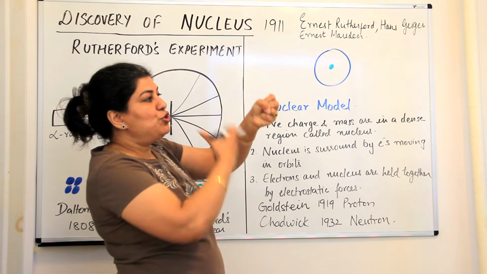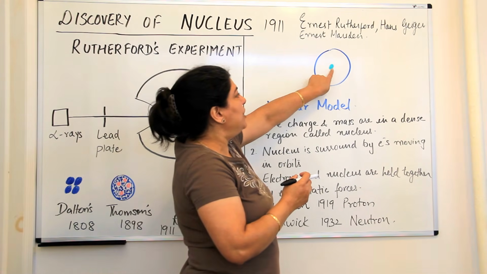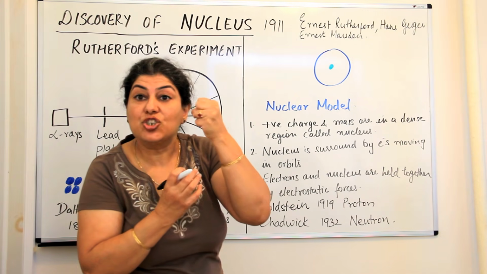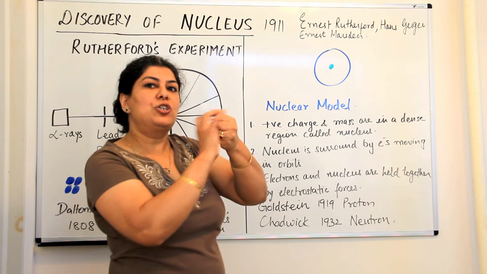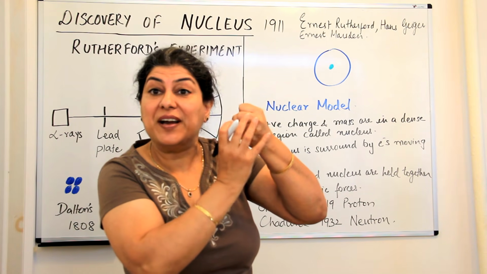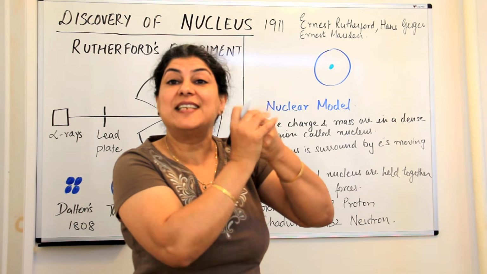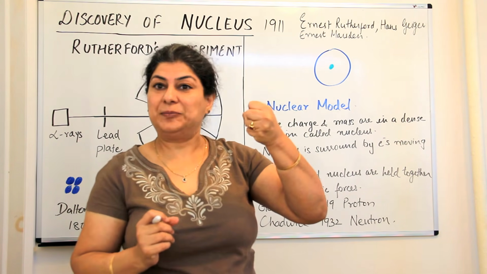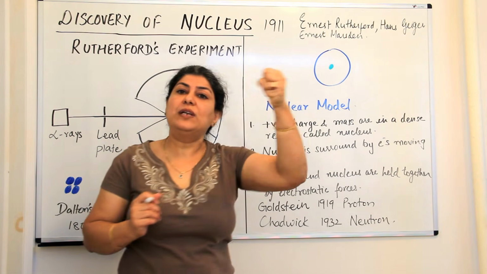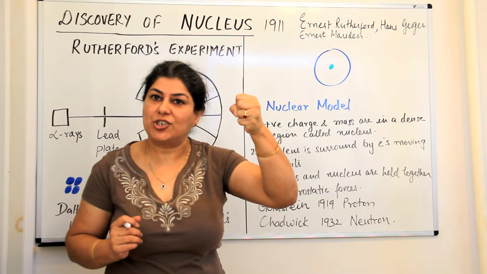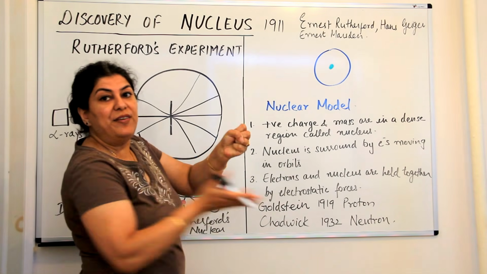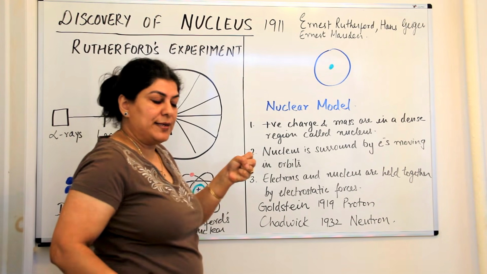If most of the atom is empty, this positively charged portion should be extremely small, and all the positive charge should be concentrated in that little area. He called this the center, or the nucleus. So there should be a nucleus, and it should be positively charged, and that's why the alpha particles were being deviated from it.